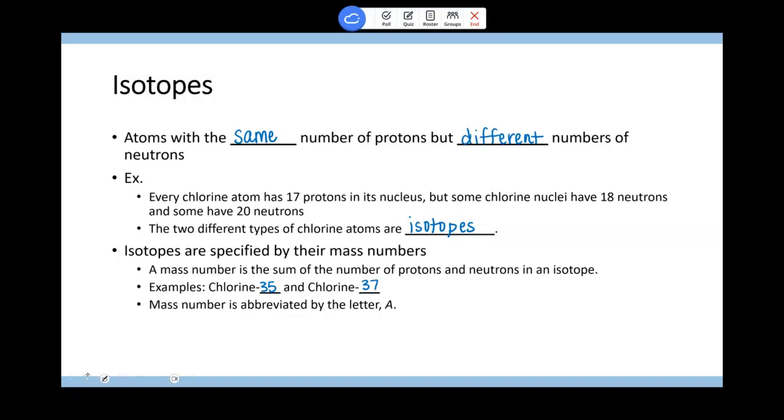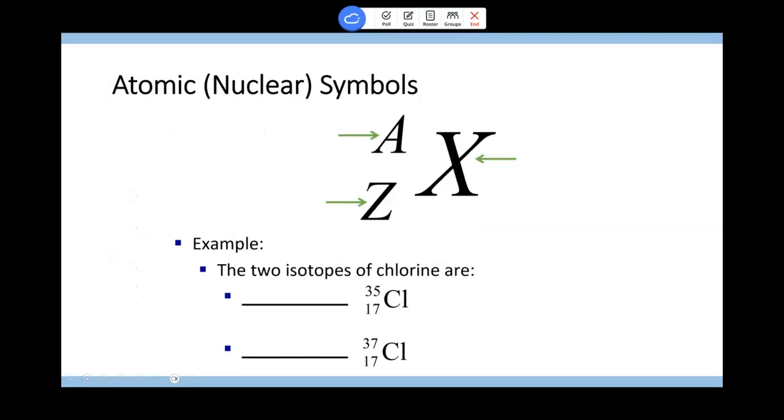The next slide shows how we write these symbols if we're talking about isotopes or nuclear symbols in general. X is the element symbol, like chlorine here.